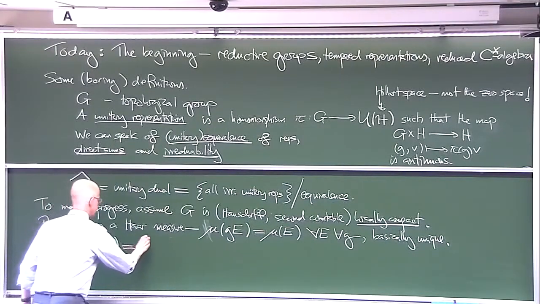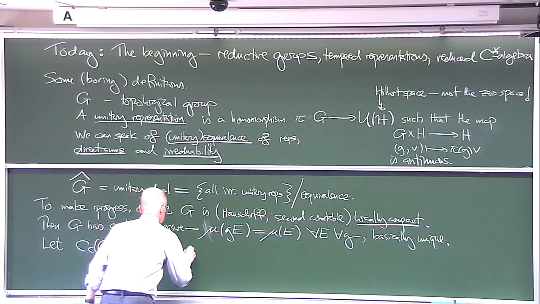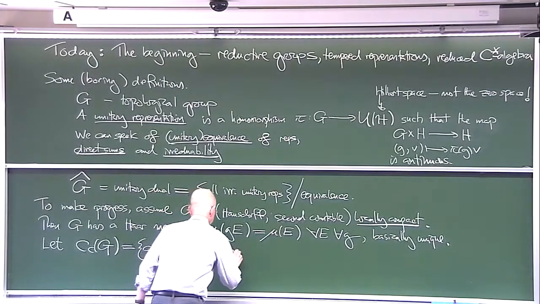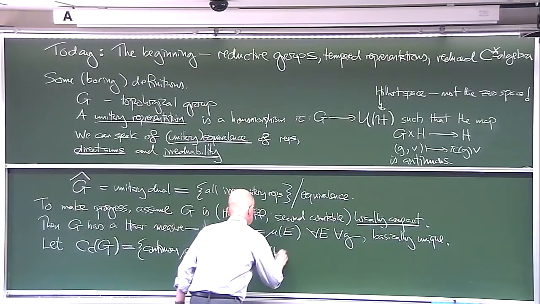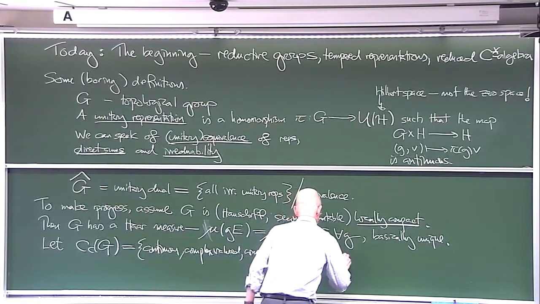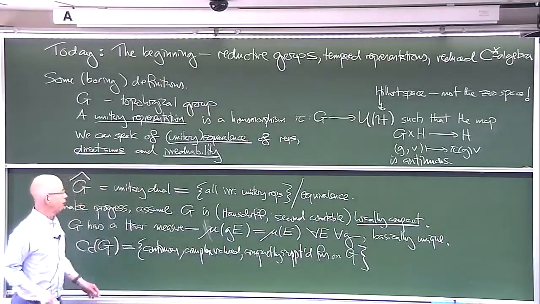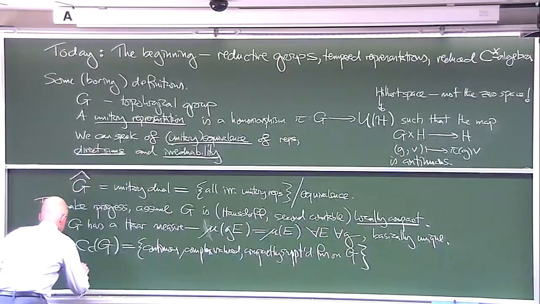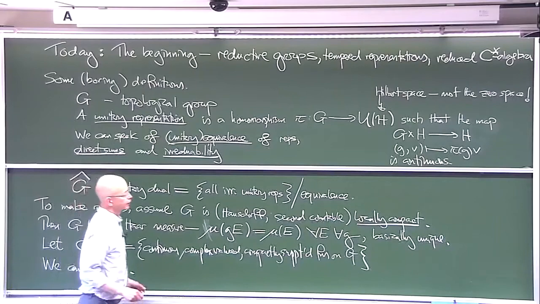Now suppose I look at the set of all continuous, complex-valued, compactly supported functions on G. Then on this space we can define a couple of things.